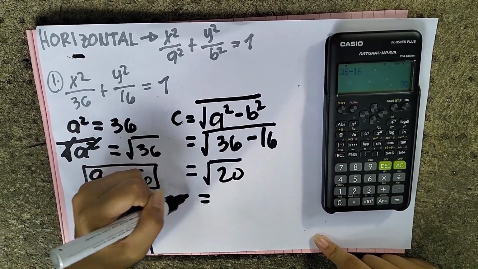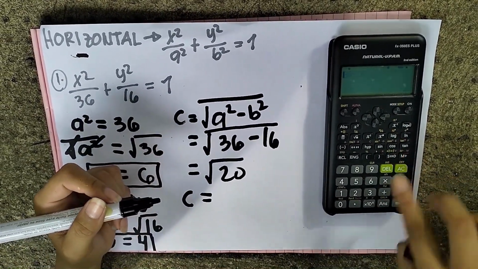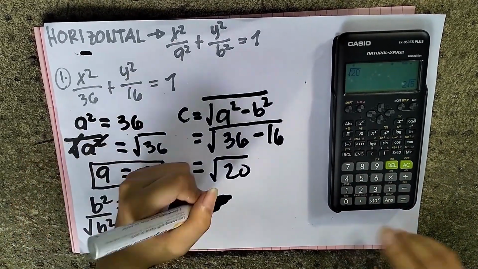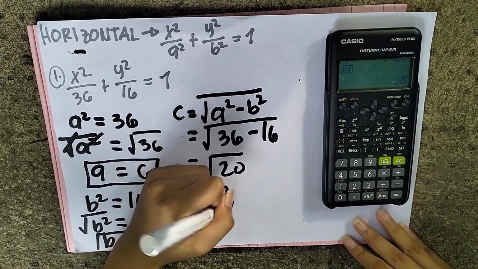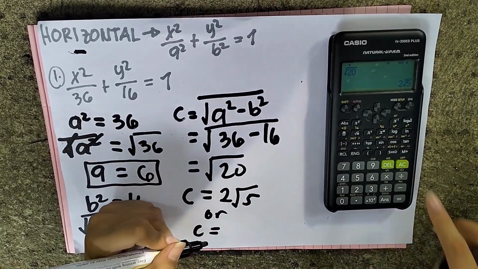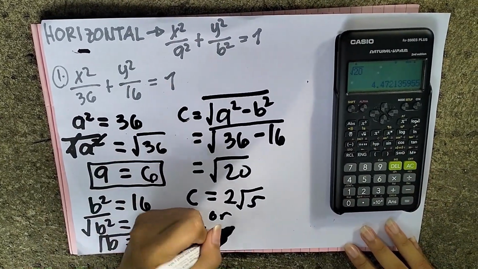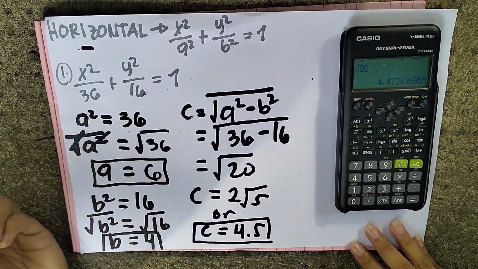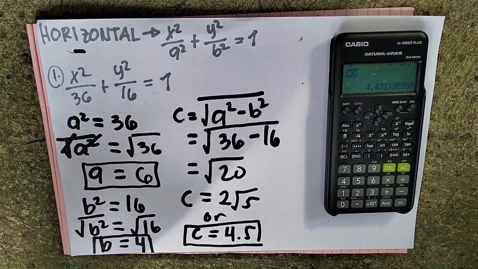So now, c, the square root of 20 is equal to 2 square root of 5, or in decimal, that is 4.5. Now that is the value of our focus or the foci.